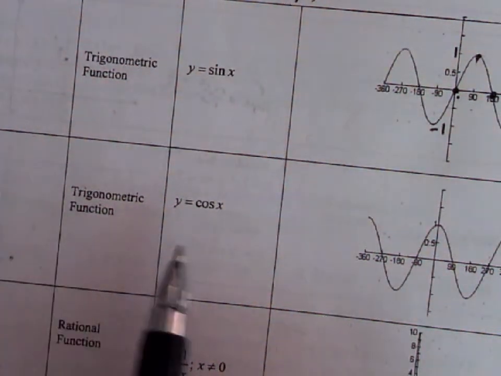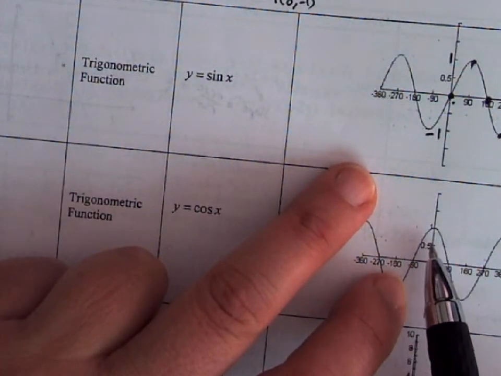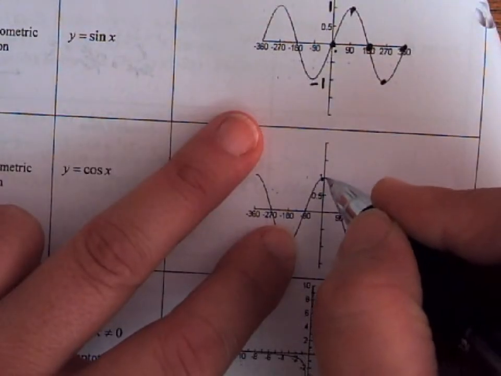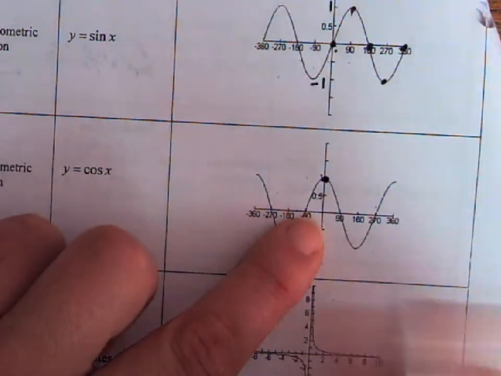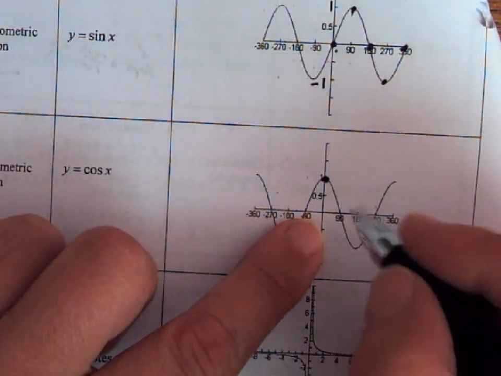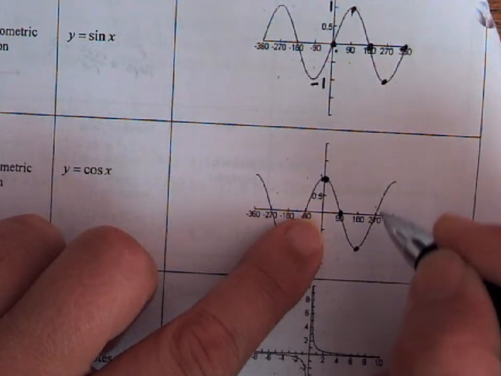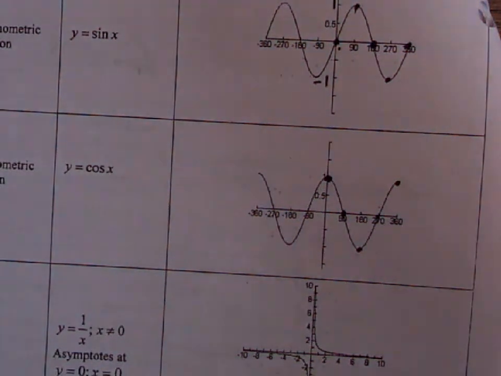For cosine, it's very similar. The only thing is your start point is a maximum. So for cosine, you start from a maximum. After 90 degrees you go to 0, 90 degrees minimum, 90 degrees 0, 90 degrees maximum.